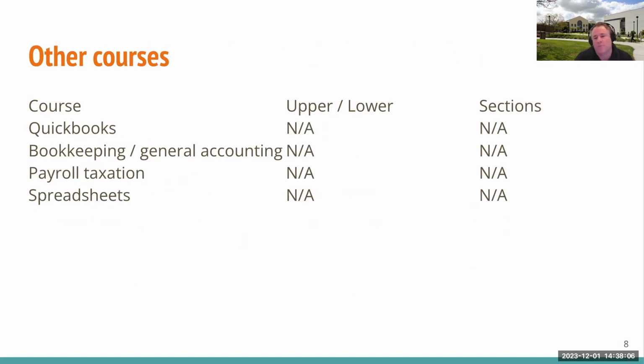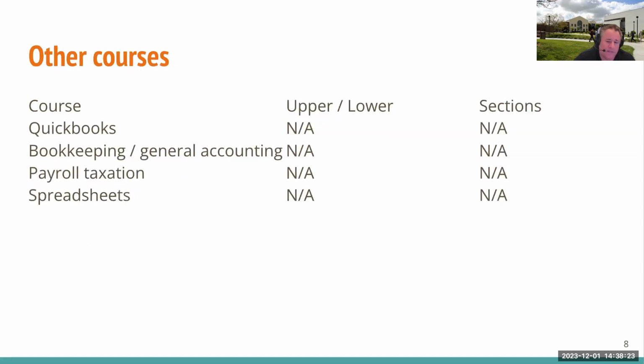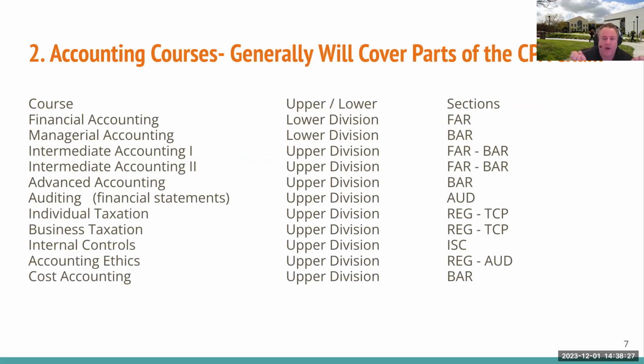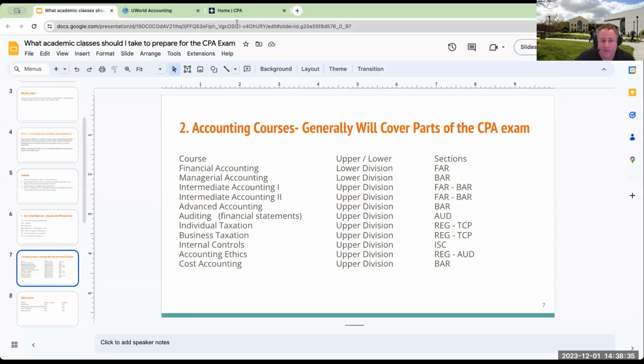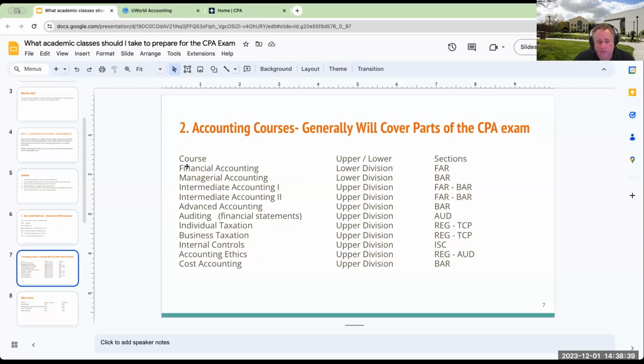Although spreadsheets will help you because you can use Excel on the exam, and it is absolutely critical that you have good spreadsheet skills for your employers, it's not one of the core things in terms of the actual material you need to know on the test. So again, when you're choosing courses, keep in mind that if I don't take intermediate, then when it comes to actually preparing for the exam, it's going to take me a lot longer to go through and do so.